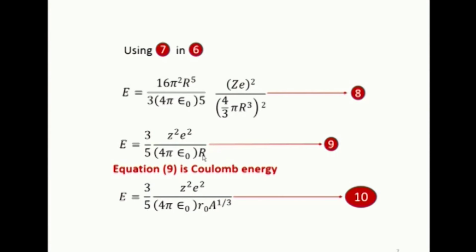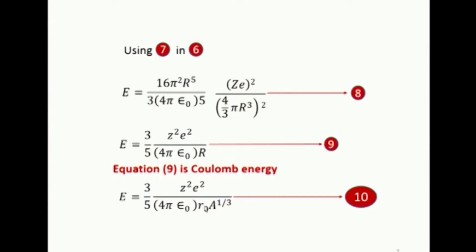Therefore, instead of the nuclear radius R, we are substituting R naught A power 1 by 3. What is this R naught? It is the radius constant. We have already discussed this in the first and second lecture classes. That is only basic. So the nuclear radius R is written in terms of this.